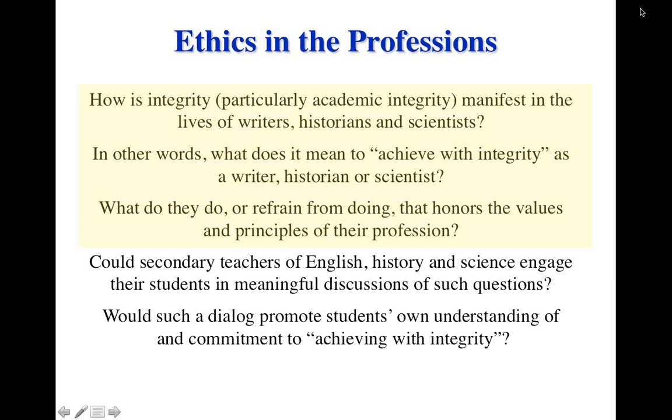The latter two questions that aren't highlighted are ones we put in the grant: could secondary teachers of English, history, and science engage their students in meaningful discussions of these questions, and could such a dialogue promote students' own understanding and commitment to achieving with integrity?